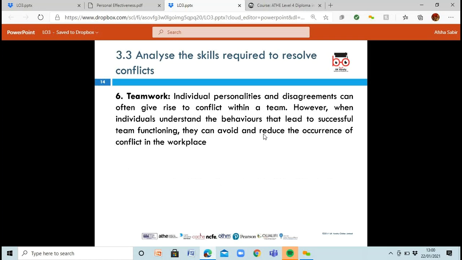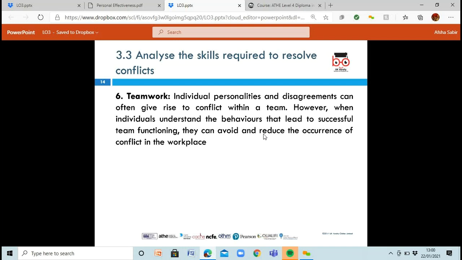And then the last point for how to resolve conflicts is teamwork. So work with your team. We've got lots of personalities in a team. Everybody is different. Everyone's got a different opinion. They've got different lifestyles, different cultures. People are used to working in different ways. They've got different priorities. So when individuals don't understand somebody else's behavior, that can stop the team from functioning properly.